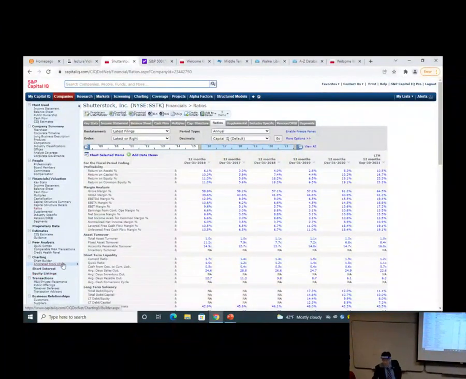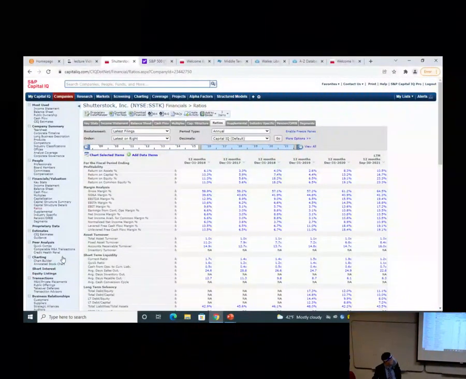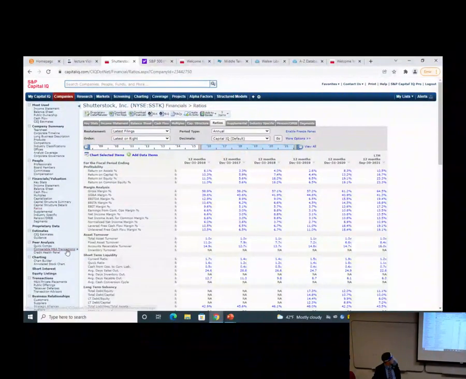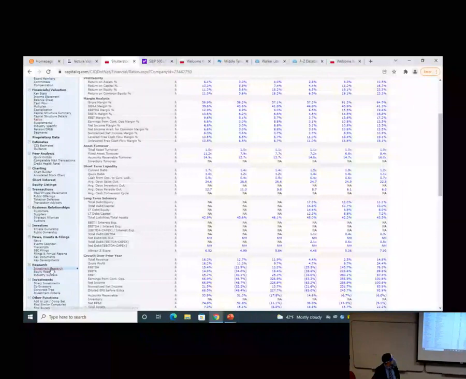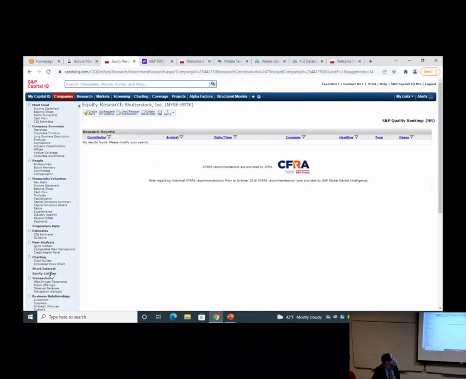For a large company, S&P does research and has a research report, but for smaller companies, no. You can find investment research, equity research. Let me see if there's any. Okay, no. They don't cover this stock.